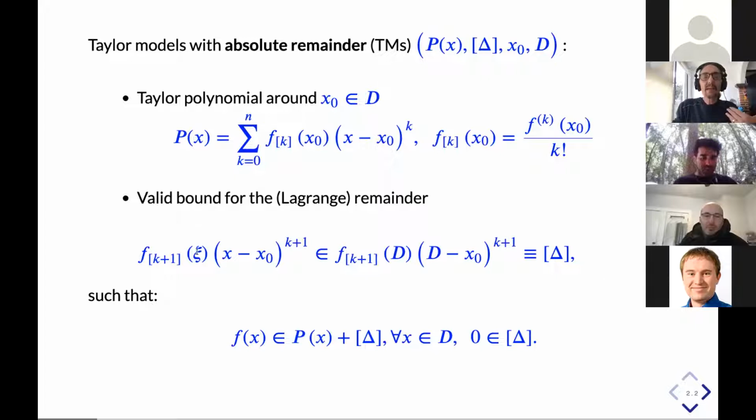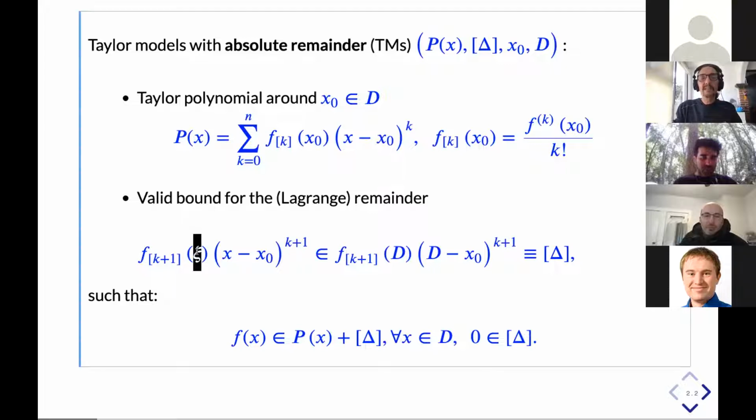Taylor's theorem states that there is a point inside the interval where this expression is exact, so you make no error. But since you do not know this psi, you replace it by the whole interval. And then you have to evaluate that next derivative in the whole interval, multiplied by this thing, and this gives you the remainder.